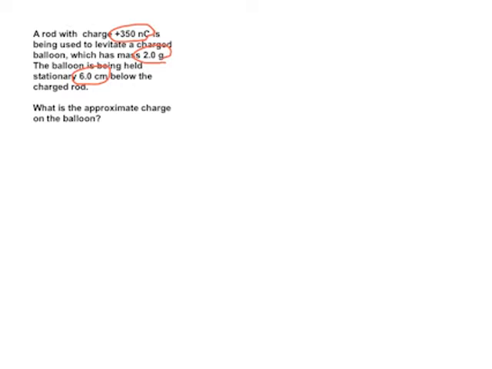Now, there's another piece of the statement that's interesting to consider here. We're asked to find the approximate charge on the balloon, and that's crucial because we know we can make an approximate calculation. We're given a rod that has a charge on it, and it's being used to levitate a balloon. Neither of those are simple shapes, but since we're doing an approximate calculation, we're going to assume that everything looks like point charges, and so we can basically do a Coulomb's law calculation where we've got two charges, charge Q1 and charge Q2.